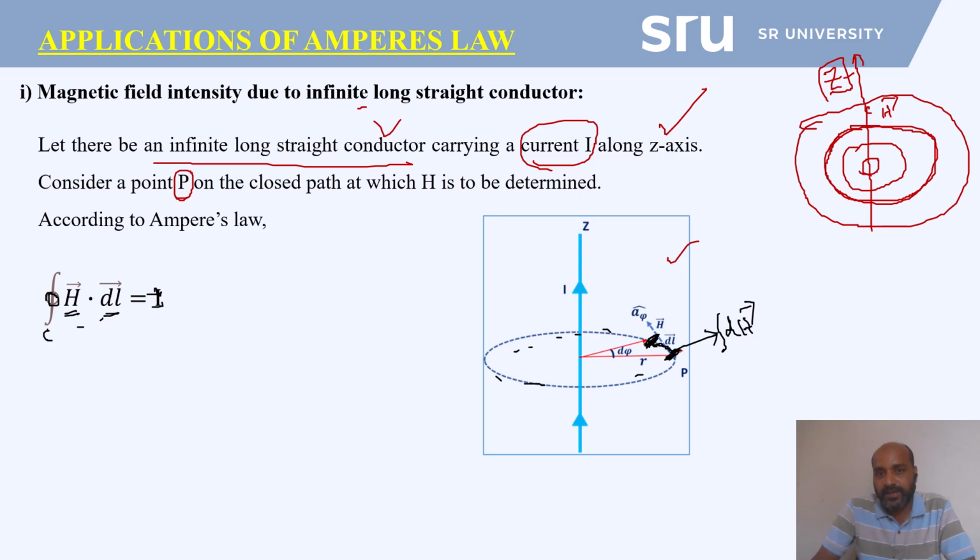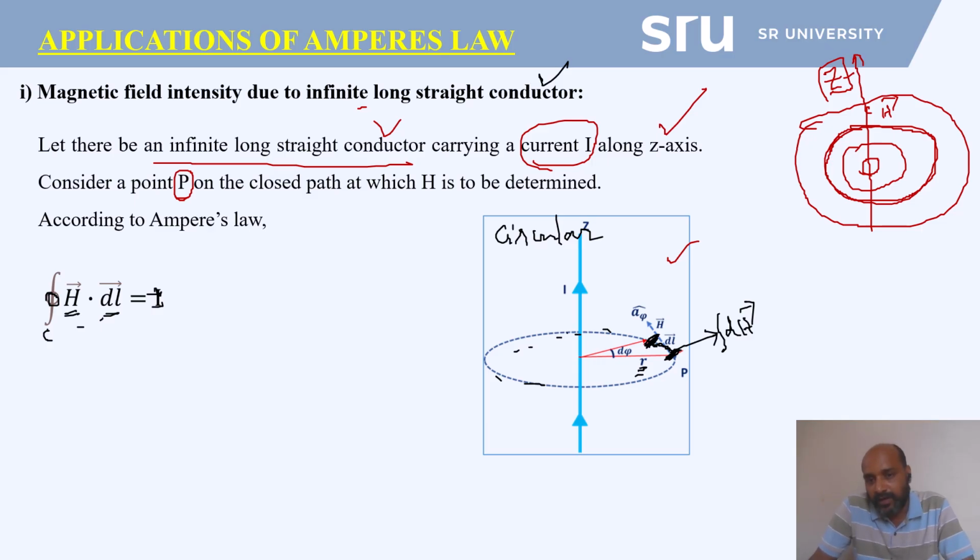But if the shape of the conductor is straight, the nature of the magnetic field will be circular. If the magnetic field around the conductor is circular in nature, then if you select any point on that path, the distance will be the same, because the radius is the same for a circle.